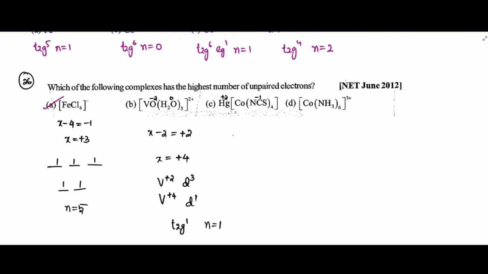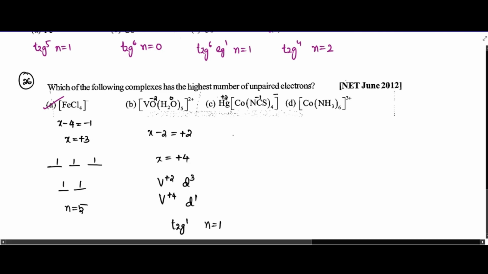Okay. So here this is +2, the ligand complex is going to be -2. So let's put this as x - 4 is equal to +2. x is equal to +6.